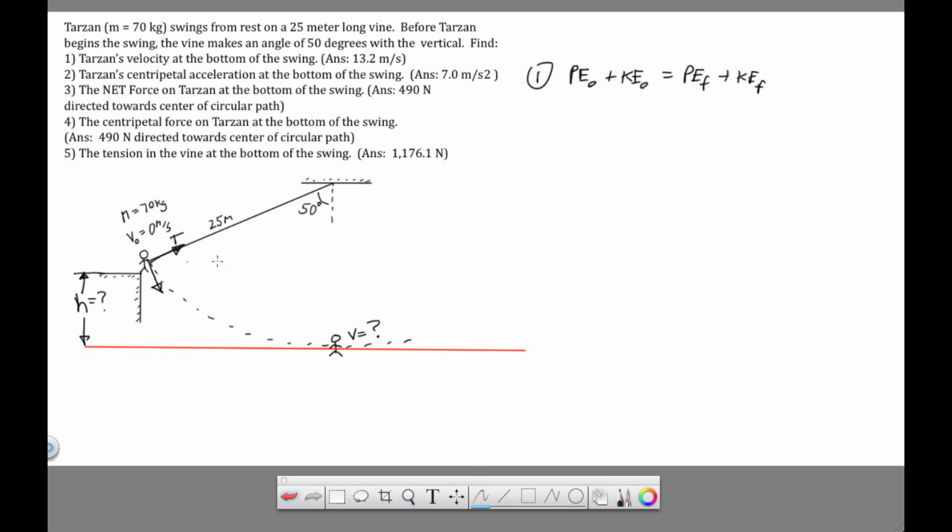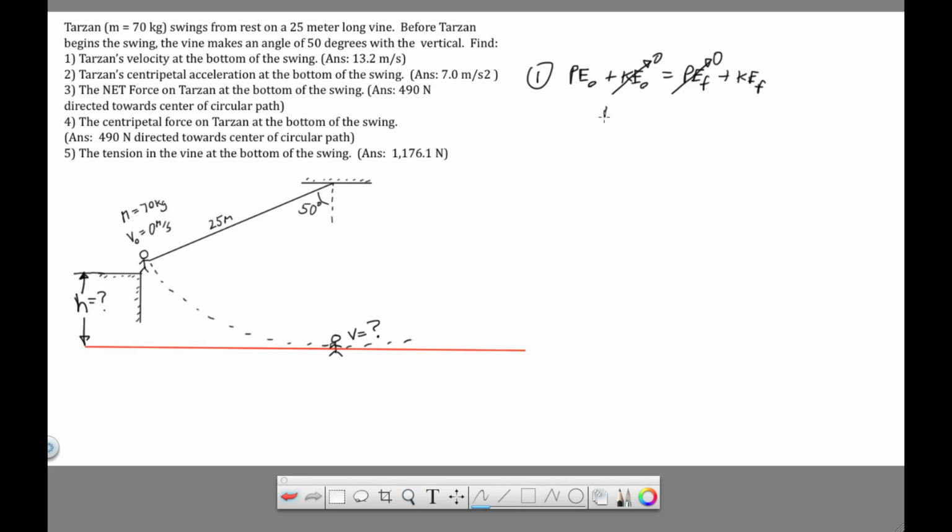Okay, so up here is the initial. Tarzan does start with potential energy. He's above the 0 point. He starts at rest, so there's no kinetic. Kinetic initial is 0. And then he swings down, so down here is the final. There's no potential energy because he's on the 0 point, and he does have kinetic.